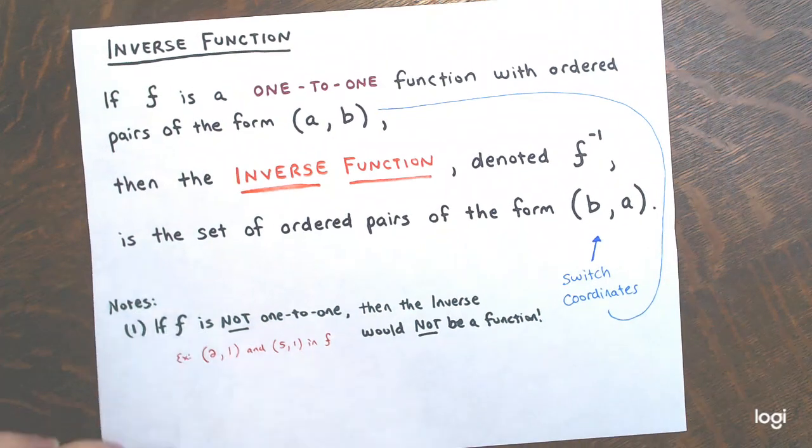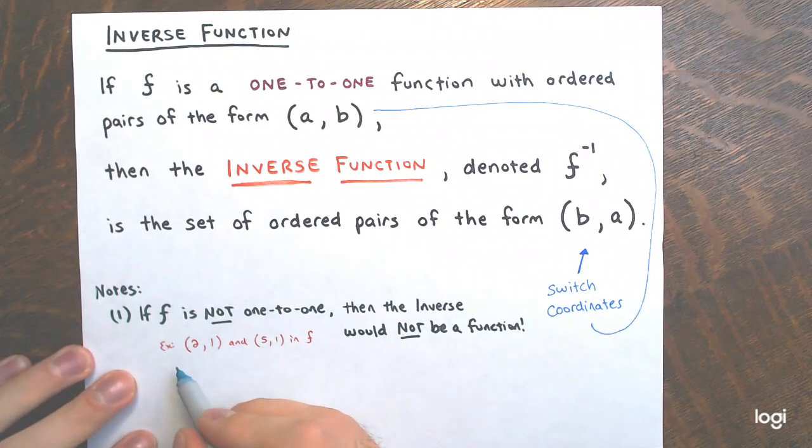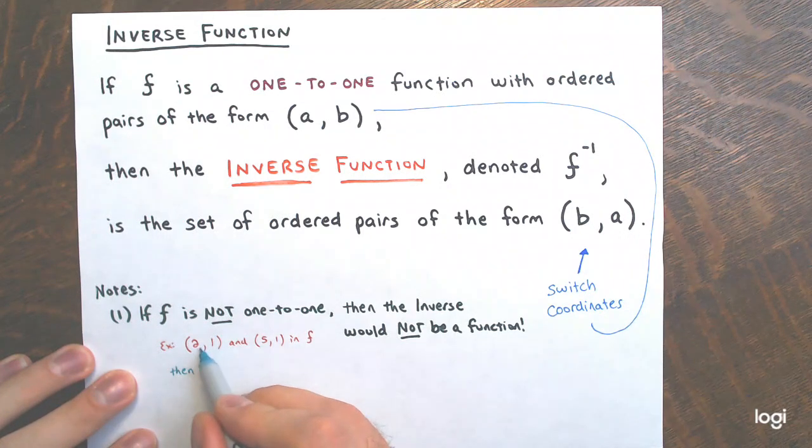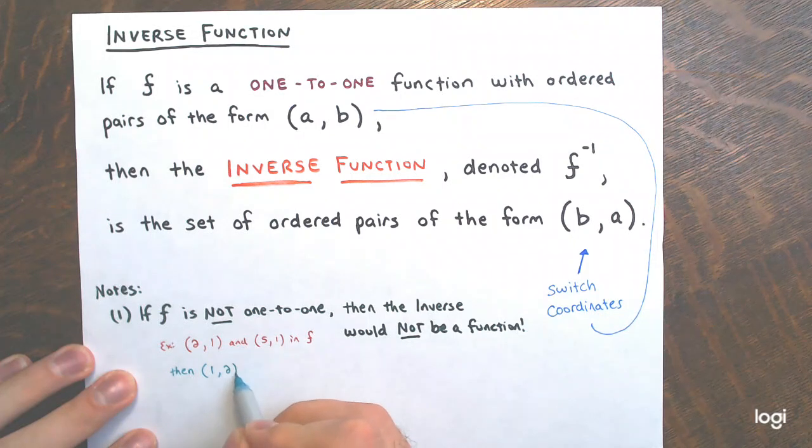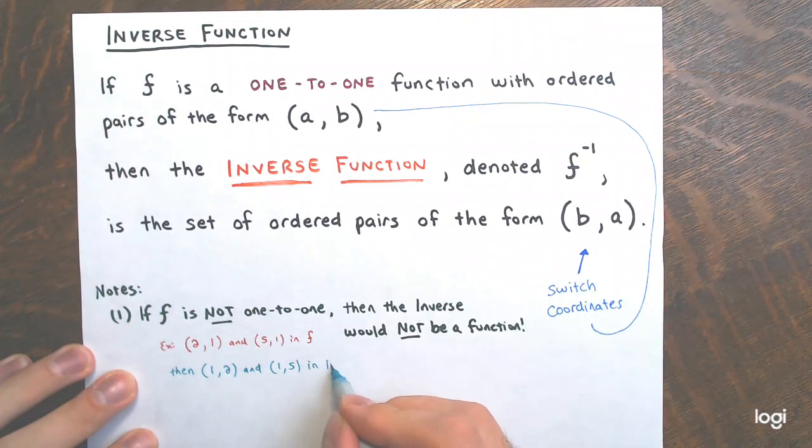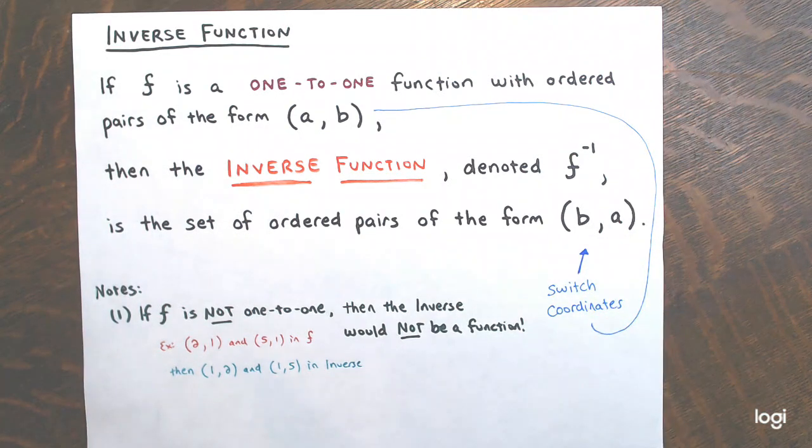Then when I decide to take the inverse and just flip the coordinates, I'd have (1, 2) and (1, 5). These would be in the inverse. Notice I'm not writing f inverse, because I don't want to give it a name just yet. See how it wouldn't be a function?